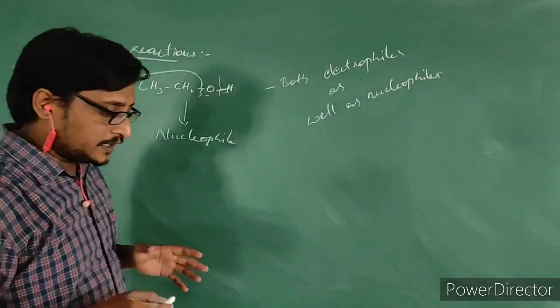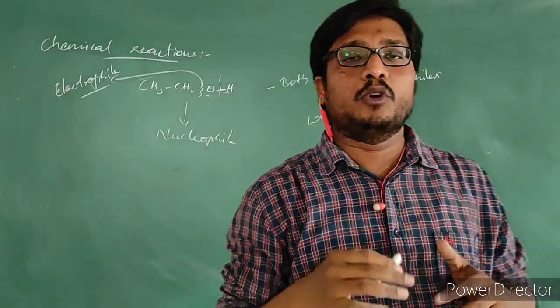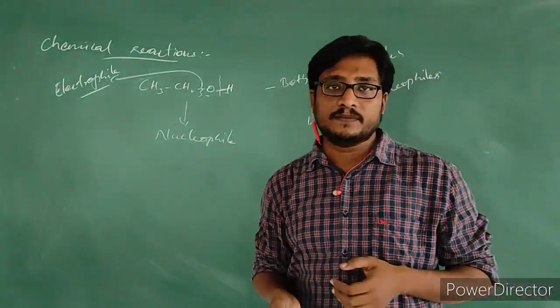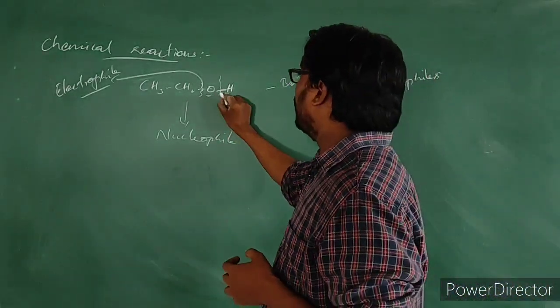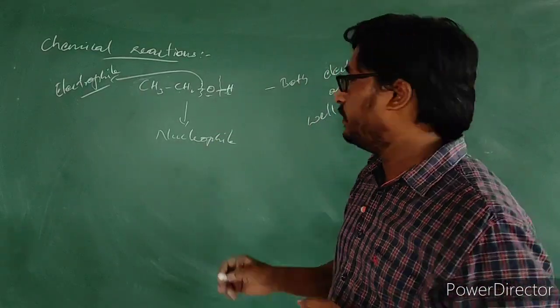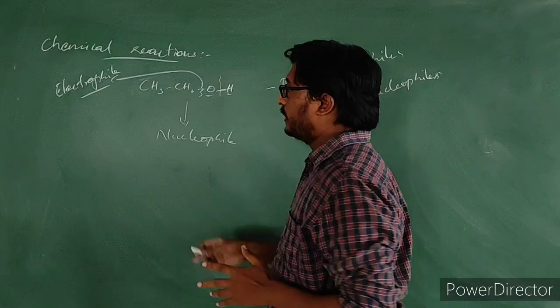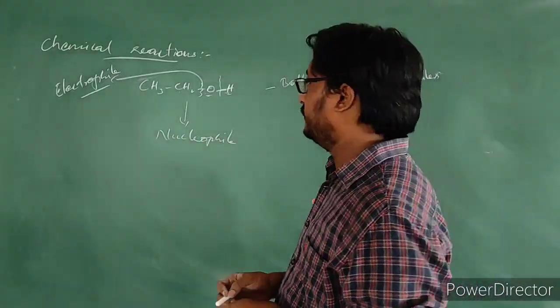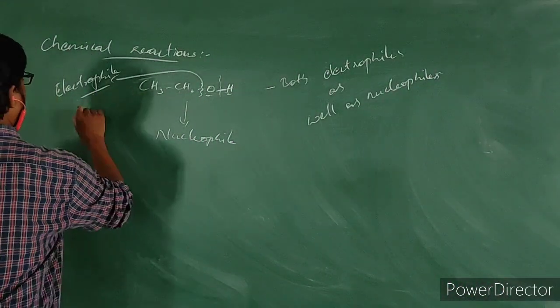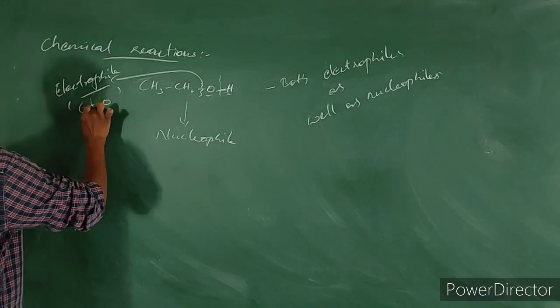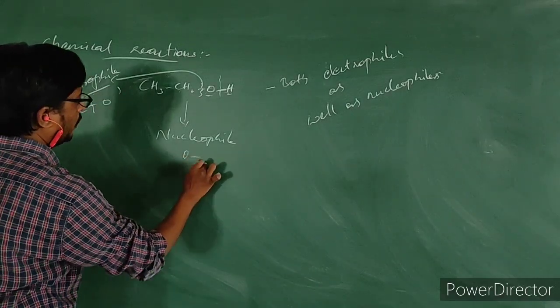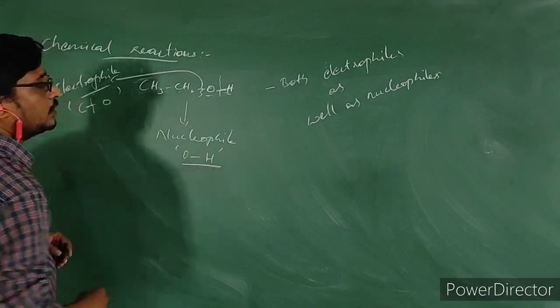When the bond between oxygen and hydrogen is broken, it will act as nucleophile. When the bond between carbon and oxygen is broken, it will act as electrophile. In case of this, the bond between carbon and oxygen will get broken. In case of this, the bond between oxygen and hydrogen will get broken down.